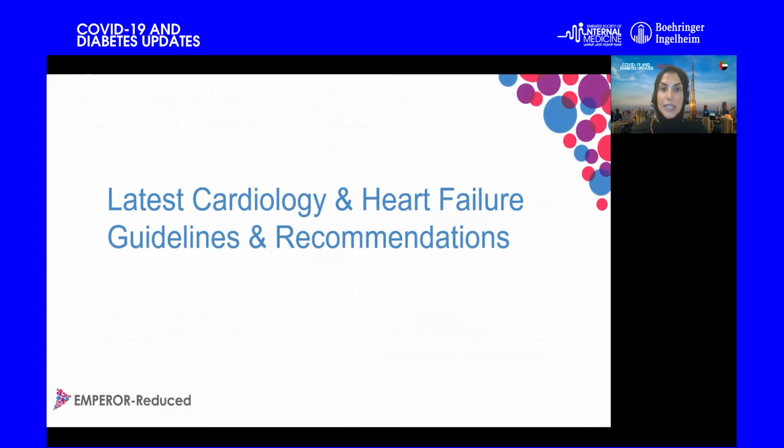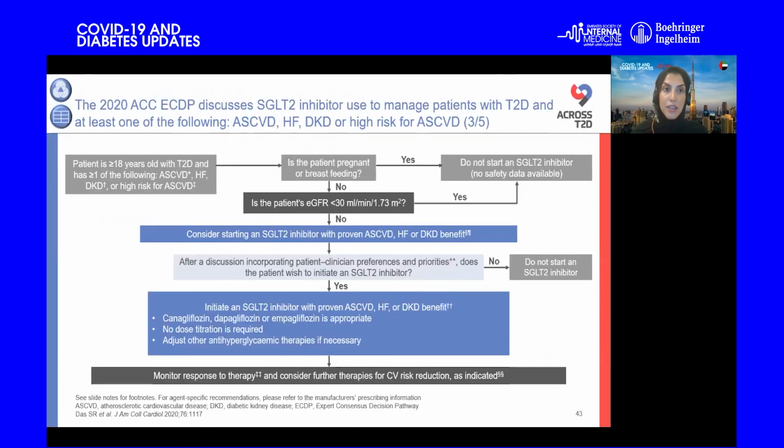Moving straight to the latest cardiology and heart failure guidelines, if we start with the 2020 ACC expert consensus decision pathway, as you can see, the trend when it comes to the cardiology guidelines is to focus on the cardiovascular benefit, either the atherosclerotic cardiovascular benefits or the benefits that can be seen on heart failure and DKD.